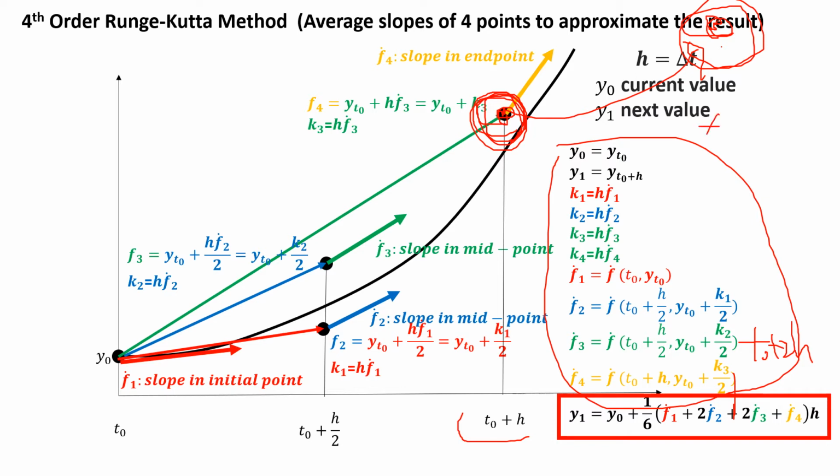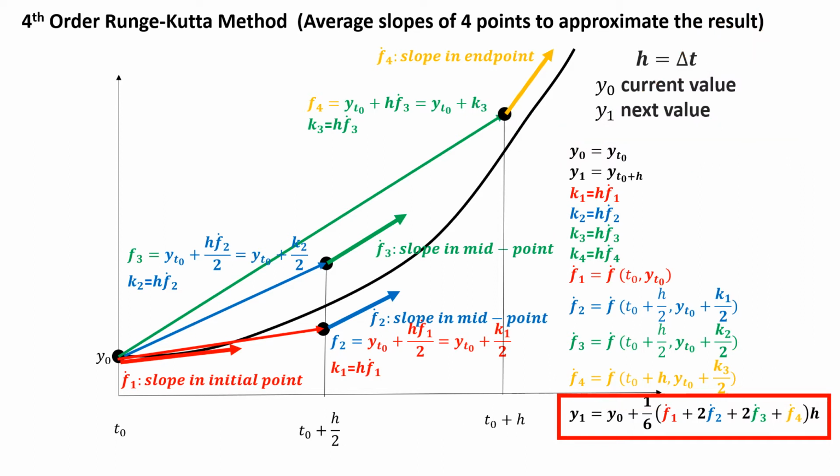We need to do a lot of iterations until the end of the simulation time. For example, if we want to simulate from 0 to 100 with step h, you need to do that 100 times. With 100 iterations, you can understand we need to use a for loop to help us do this iteration. And so you can see here, if this equation is like this one, then h multiplied by f1 dot is k1, and f2 dot multiplied by h is k2.